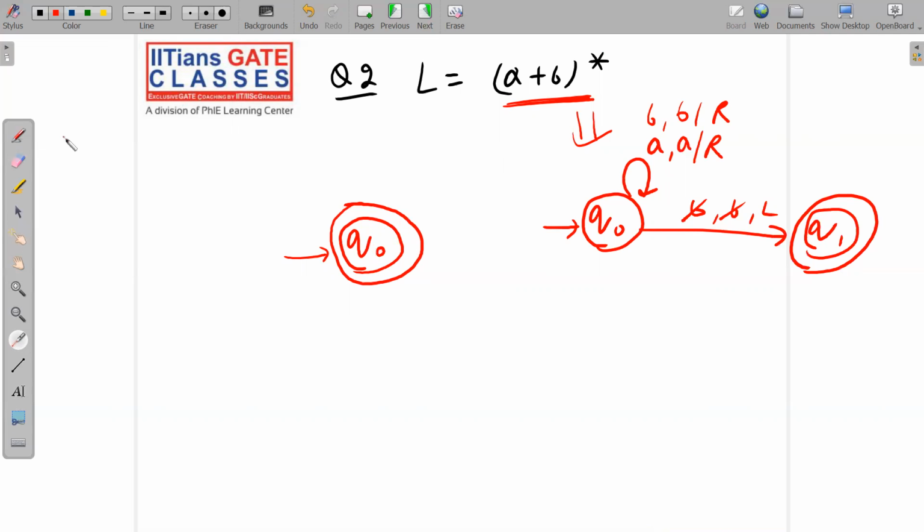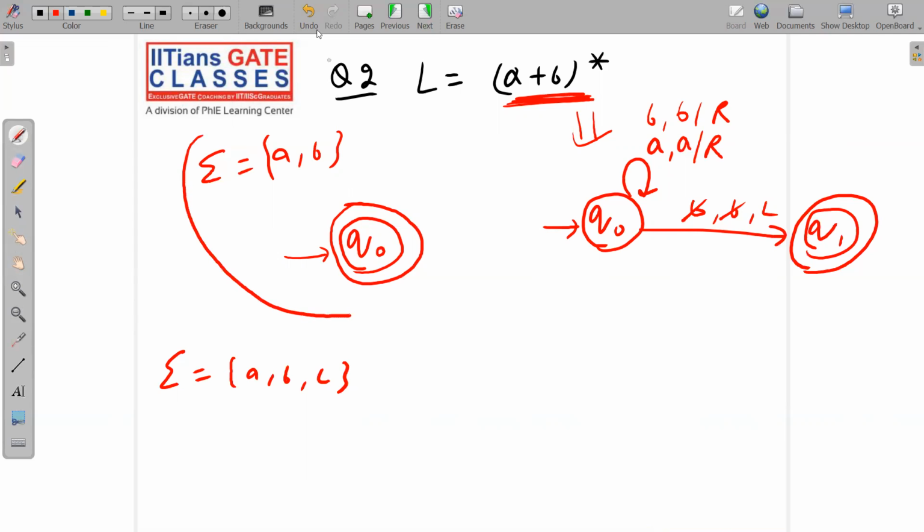Here our assumption is that sigma is a, b. So directly or indirectly, it will accept all possible strings over a and b. And if we assume sigma is a, b, c, then the same Turing machine will accept all possible strings over a, b, and c. Let me use a different color.